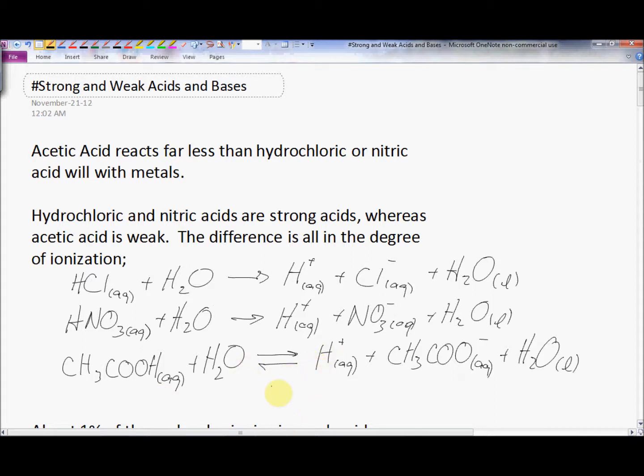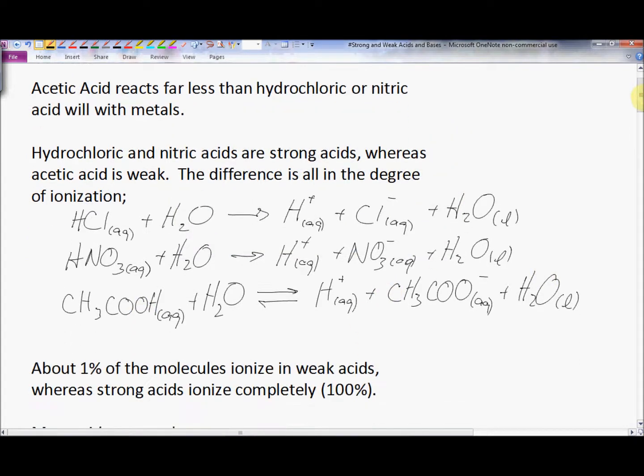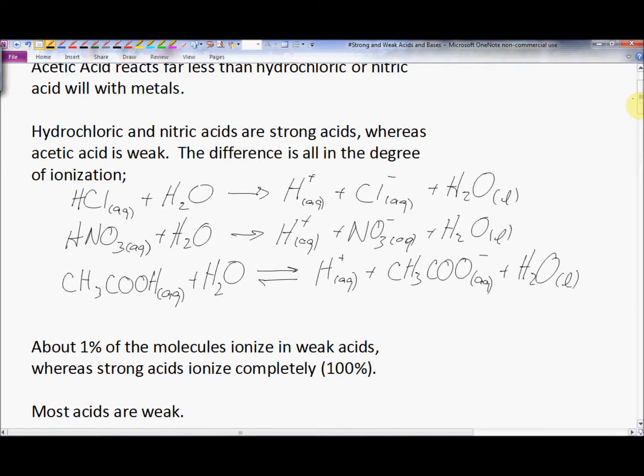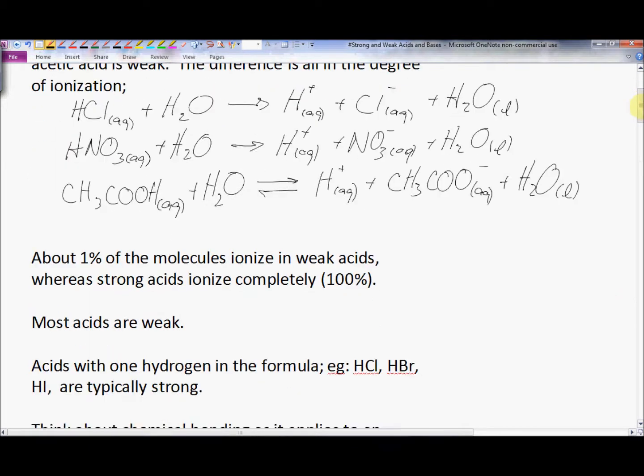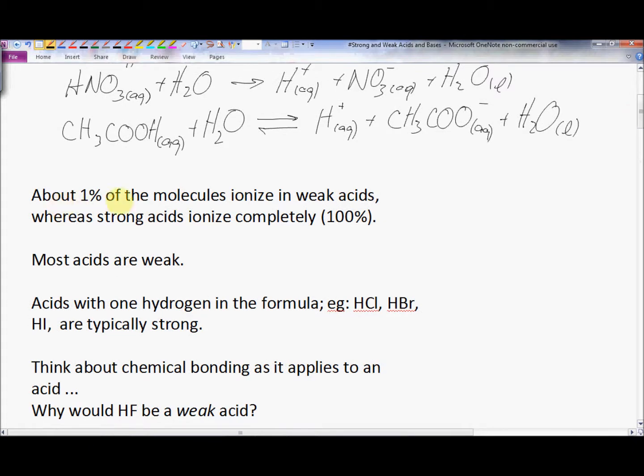And in that equilibrium situation, basically we'll have some acetic acid molecules like so, and then we'll have some ions. And so it's left just basically partially dissolved, and the acid isn't strong as a result. So about 1% of the molecules ionize in weak acids like acetic acid, whereas strong acids will ionize completely.